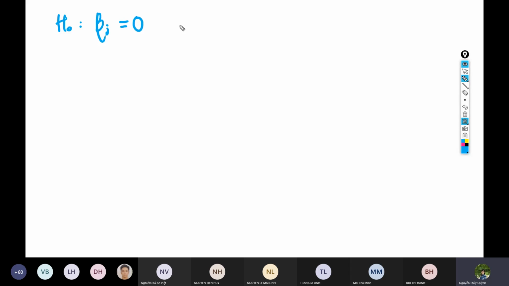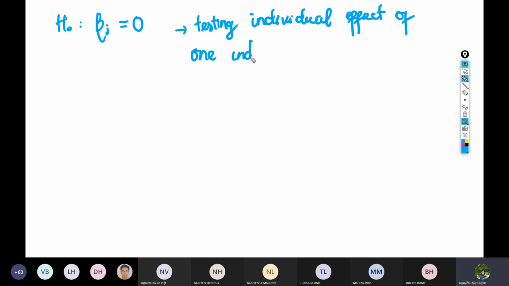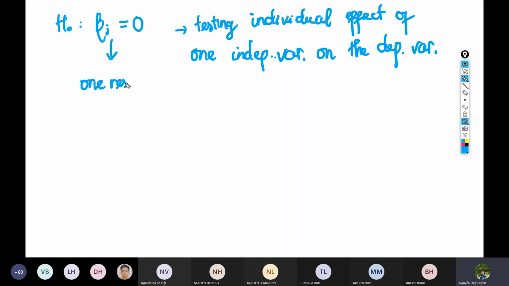Remember that here we are testing the individual effect of one independent variable on the dependent variable, and we have only one restriction in the null hypothesis.